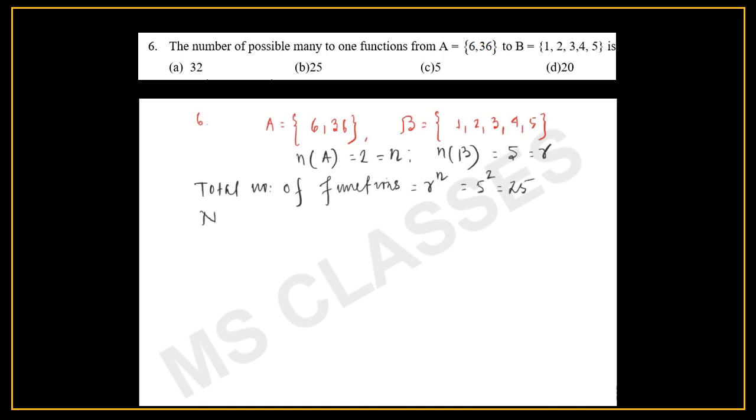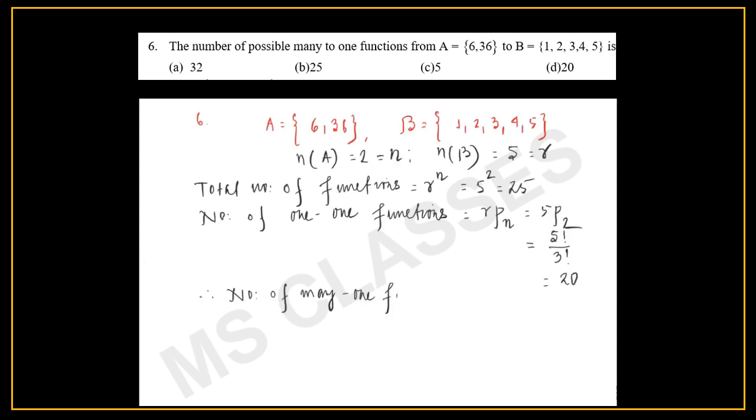Then I find the number of one-one functions, RPn, that is 5P2. 5P2 means 5 factorial by 3 factorial, so that is 20. Therefore, number of many-one functions is equal to 25 minus 20.